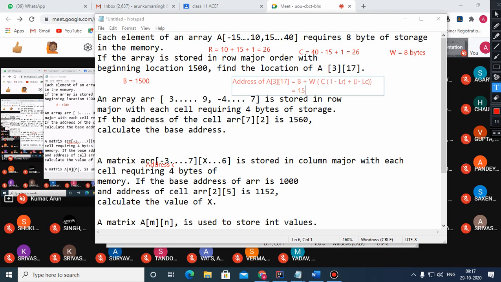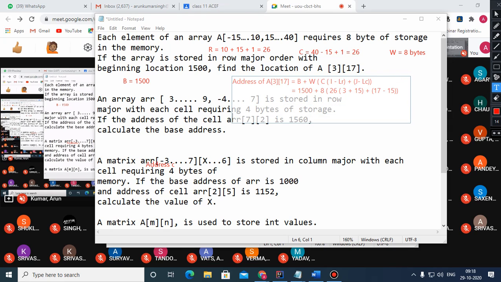Here it is 1500 plus word length is 8. Now total number of columns are 26. And what is the value of I? The value of I is 3, and here LR is minus 15, so it will become plus 15, plus it is J, so J is 17, and LC is 15, so minus 15.